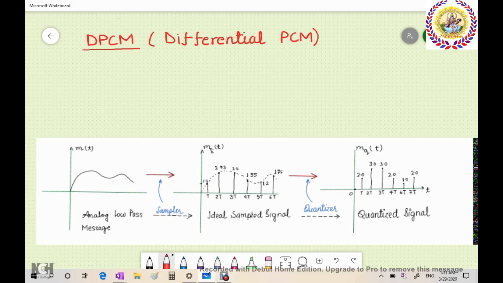In PCM, you first take an analog input, which is a band limited signal, and pass it through a sampler.